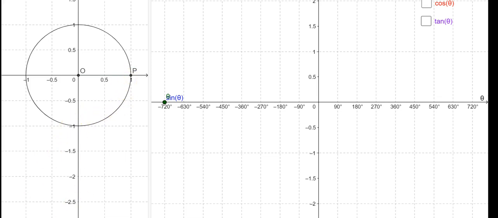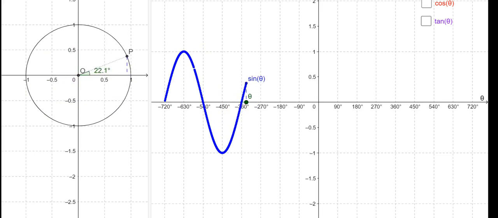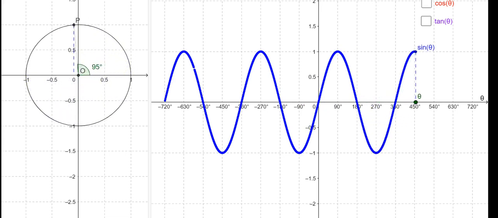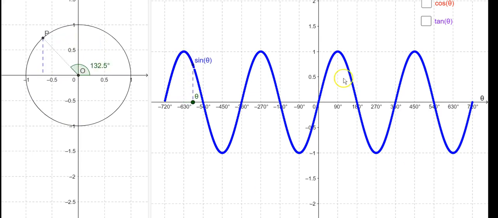So that means the graph could also continue to the left and just repeats itself over and over and over again. So anything to the left of the x-axis could be considered Freddy the Frog just either going back in time or just rotating in the opposite direction. So rotating this way instead.